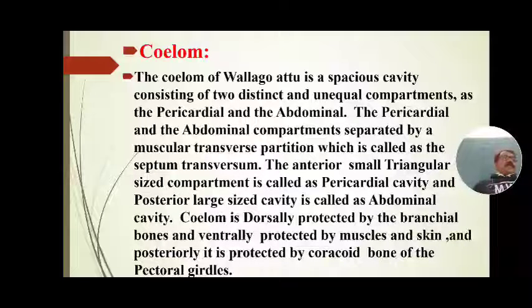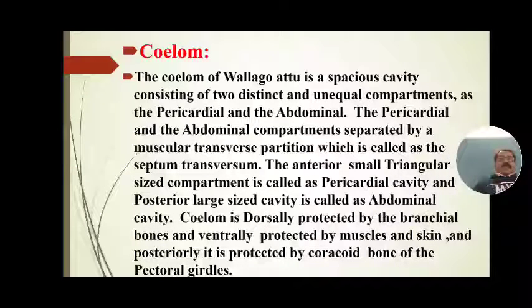These are the two unequal compartments found inside the body cavity of the fish Wallago attu.